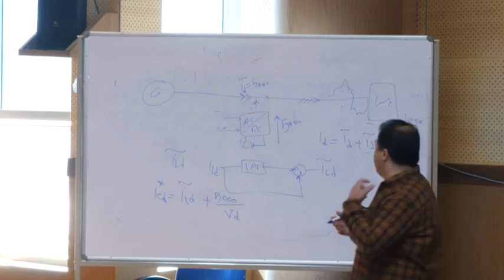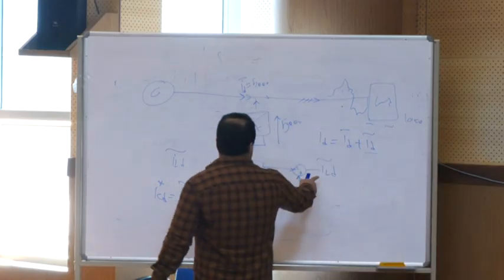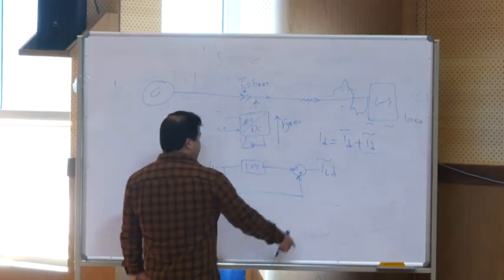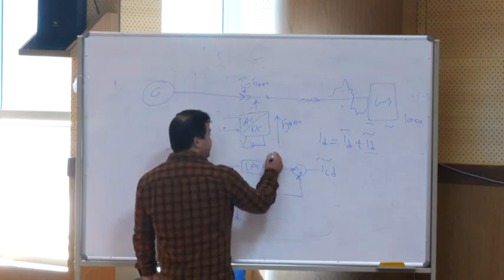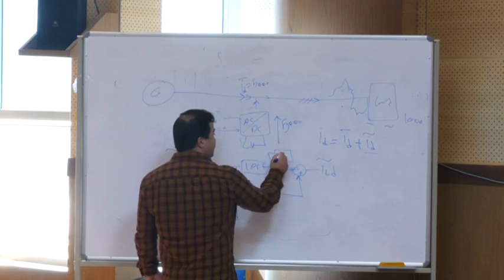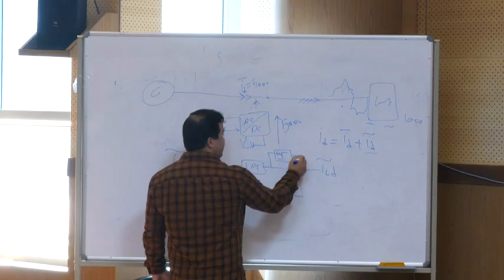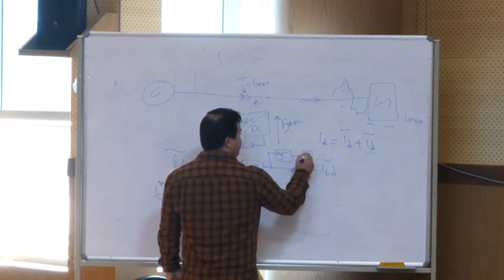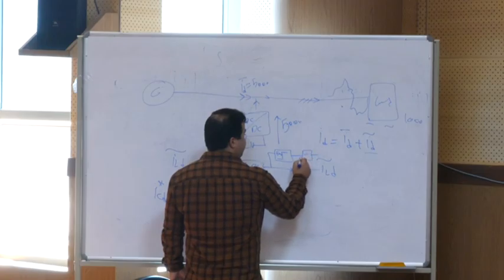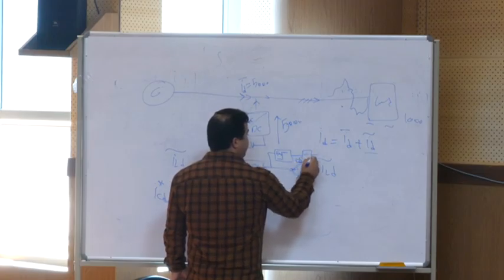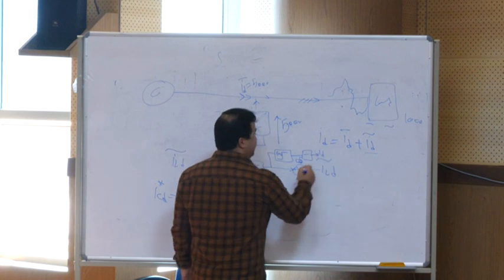So how can we do it? We said, okay, this is ID for the harmonic, but for this I put a limiter with a band of 5,000, then divide by VD, and it gives the ID DC.